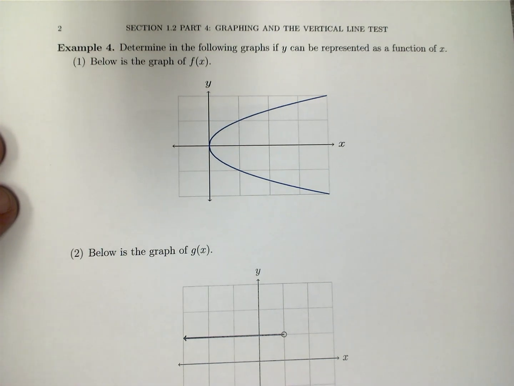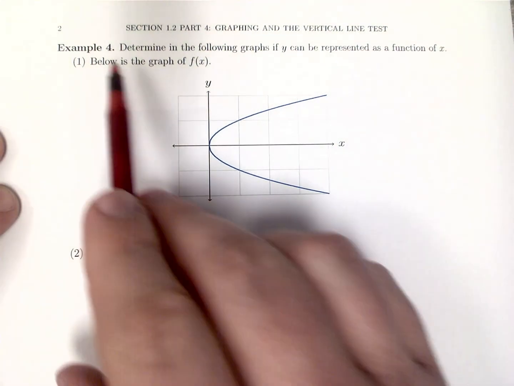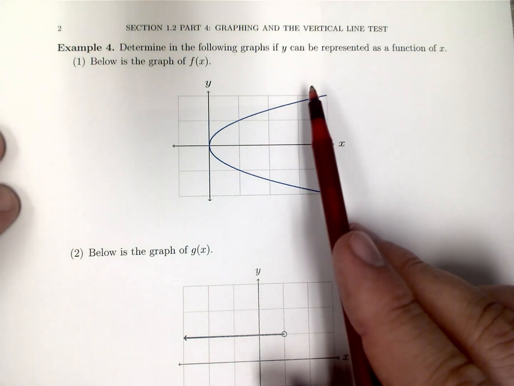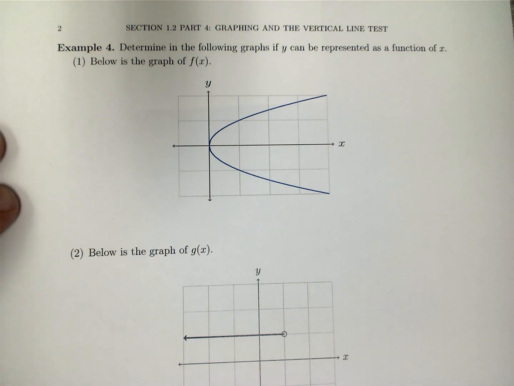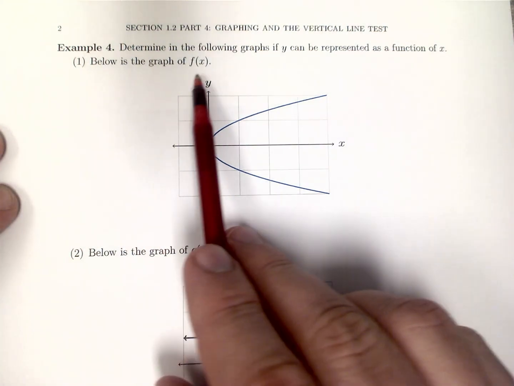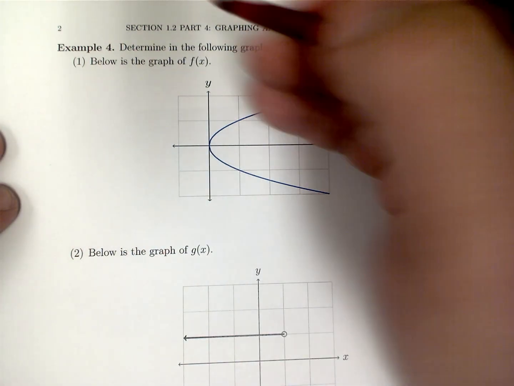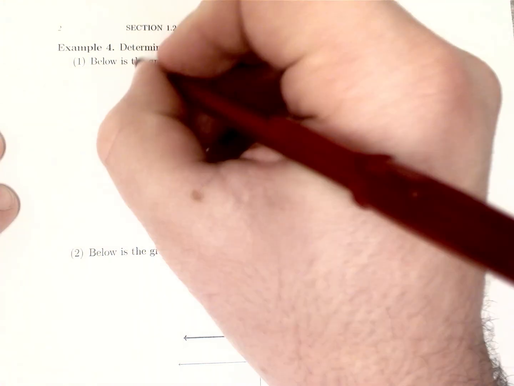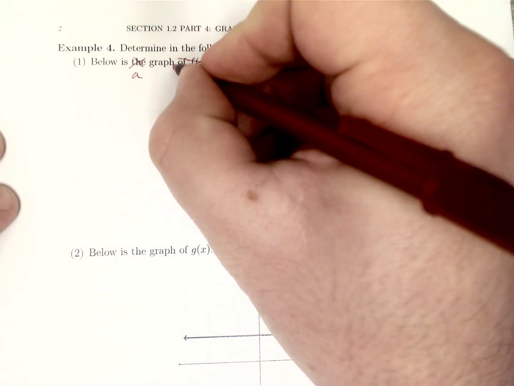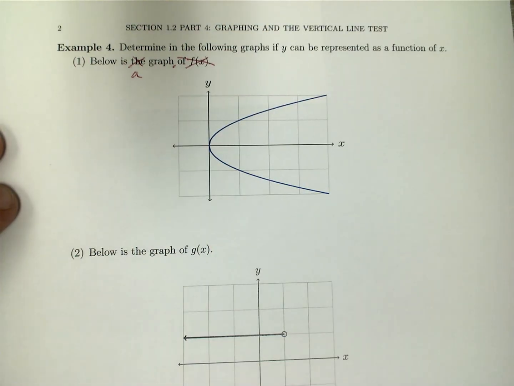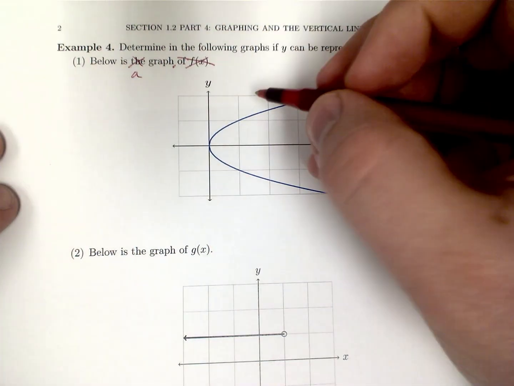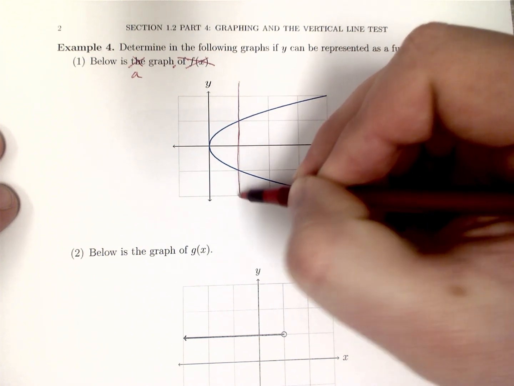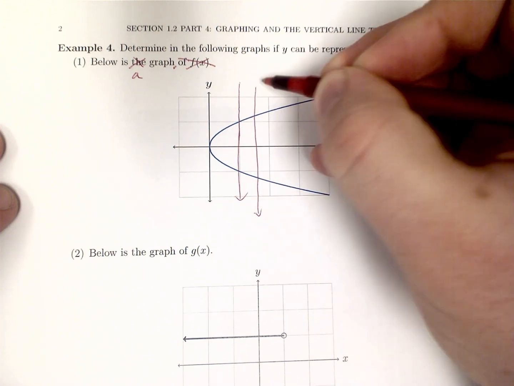Okay? So in this particular instance, determine if, for the following graphs, y can be represented as a function of x. Well, below is a graph. And I say that very specifically because if we make one vertical line, say here, it doesn't have to be here, it could have been here as well, doesn't matter.